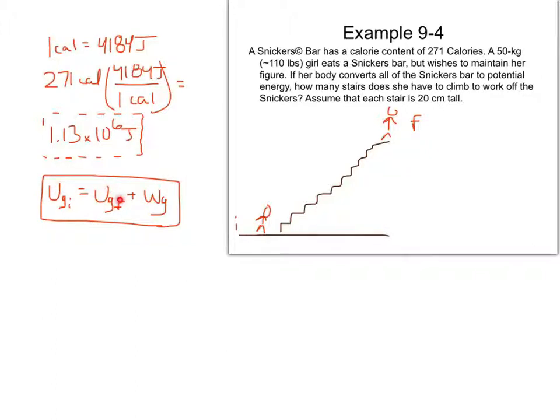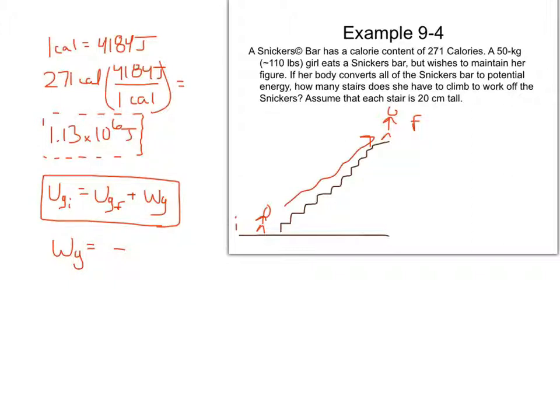Final plus something equals initial. That means that gravity must be doing negative work, right? If she's moving upwards, this is a lot like the mountain climber problem. Okay, gravity's acting against her, and gravity's doing negative work, and she's working against gravity, and therefore expending the energy that was in the Snickers bar that she ate.